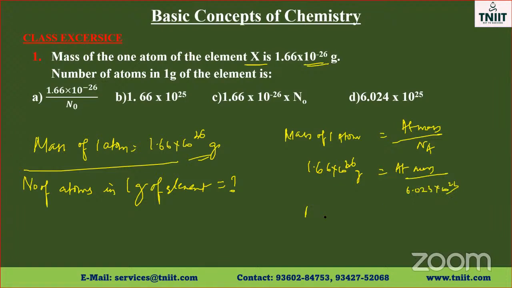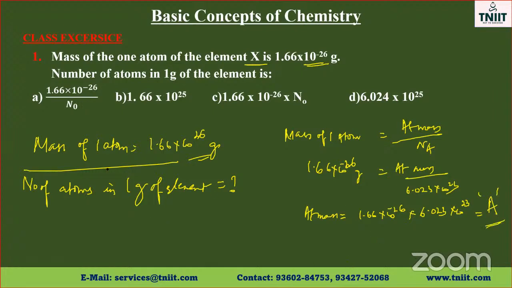So the atomic mass will be 1.66 into 10 power minus 26 into 6.023 into 10 power 23. I think you can do this simplification. We will mark the atomic mass as A. This is not the answer.